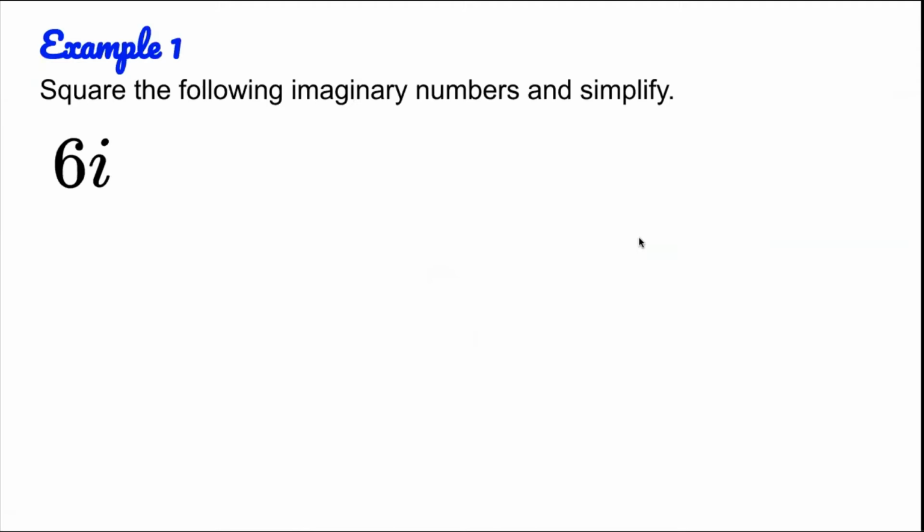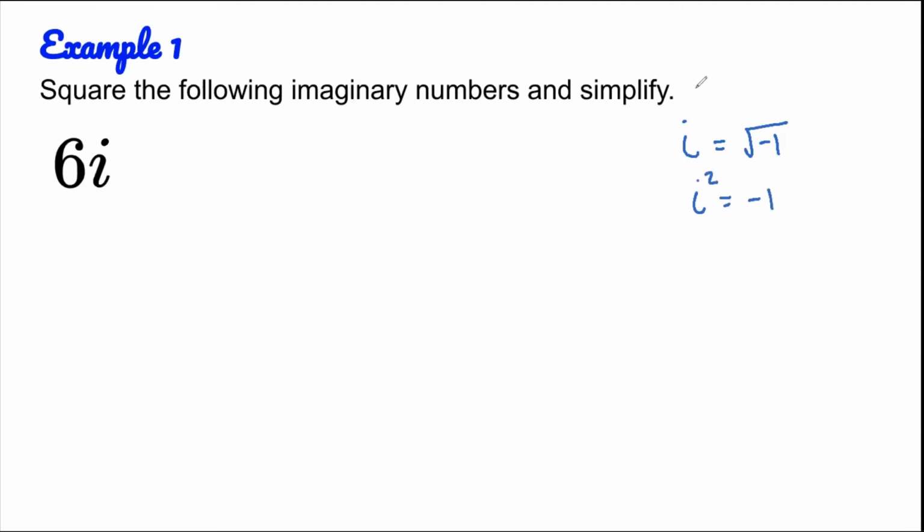Our first example says to square the following imaginary numbers and simplify. Here we have 6i, and we have to square it. Let me write on the side that i equals the square root of -1, and we know that i squared is -1.